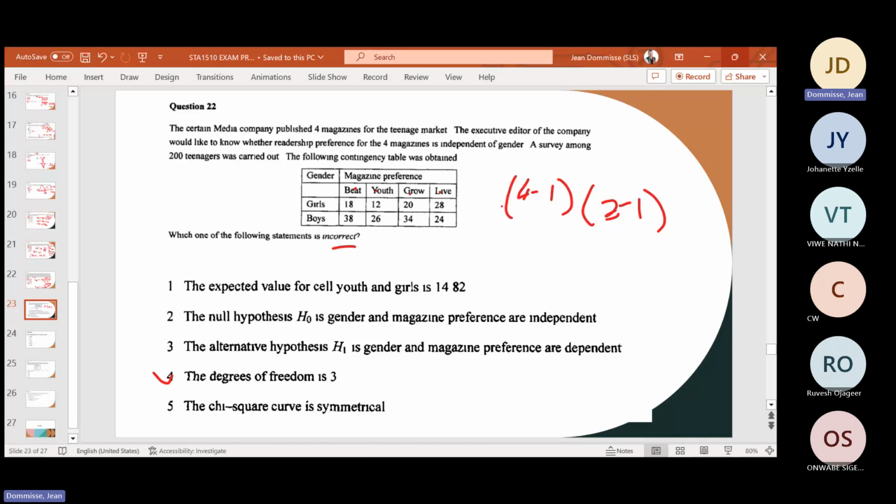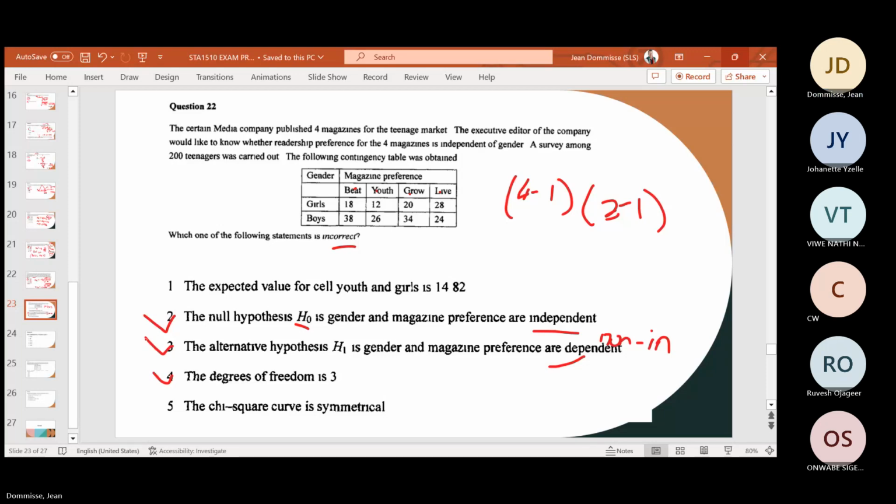Second one that I will look for is the null hypothesis, and if I also give you your alternative. So null hypothesis for chi-square is always looking at independence. So if that is independent, your alternative will be dependent, or the other word that I like to use is non-independent. So just be on the lookout for those wordings, but that is also correct.